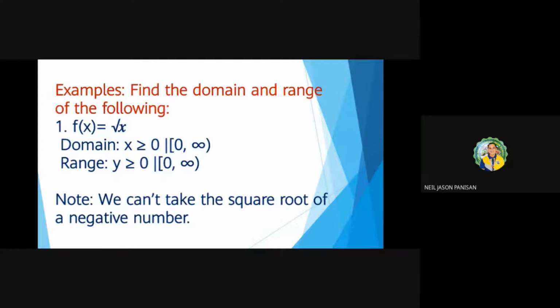So now this is y is equal to or greater than 0, or in interval notation, 0 and positive infinity. Take note, we cannot take the square root of a negative number. So in the square root function, we should always keep in mind that it is an increasing function, meaning it never goes down or less than 0, or from negative 1 down to negative infinity.